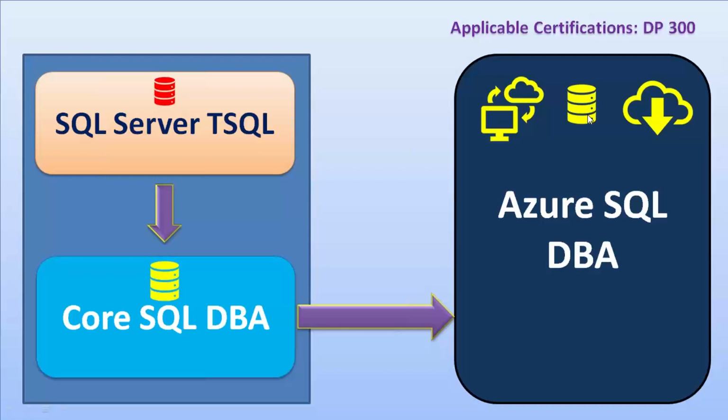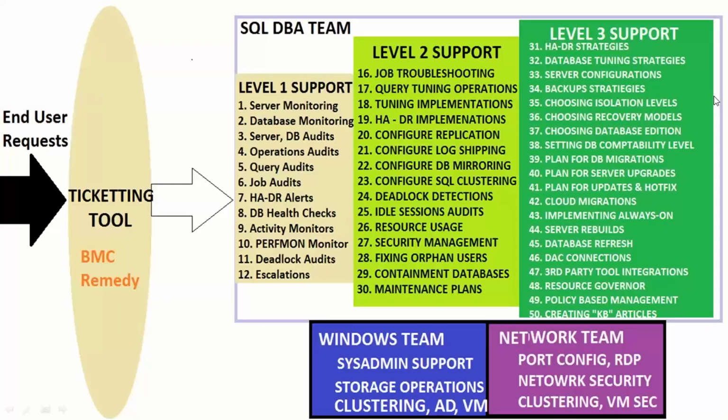Assume we are database administrators. You are a DBA. Say I am an L1 DBA, level 1 DBA, and you are an L2 DBA, senior DBA. L1 DBA would be mainly for starters: monitoring activities, audits, health checks. Just like servicing a car, I take my car to a garage, to a service center.